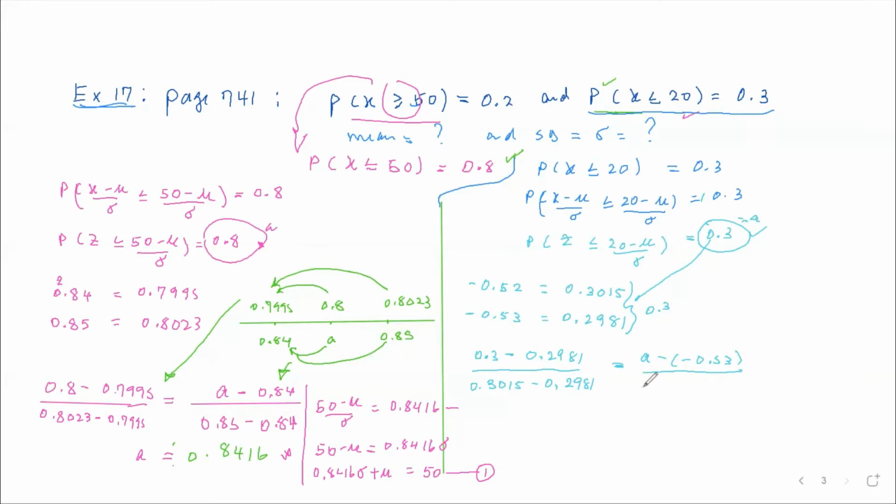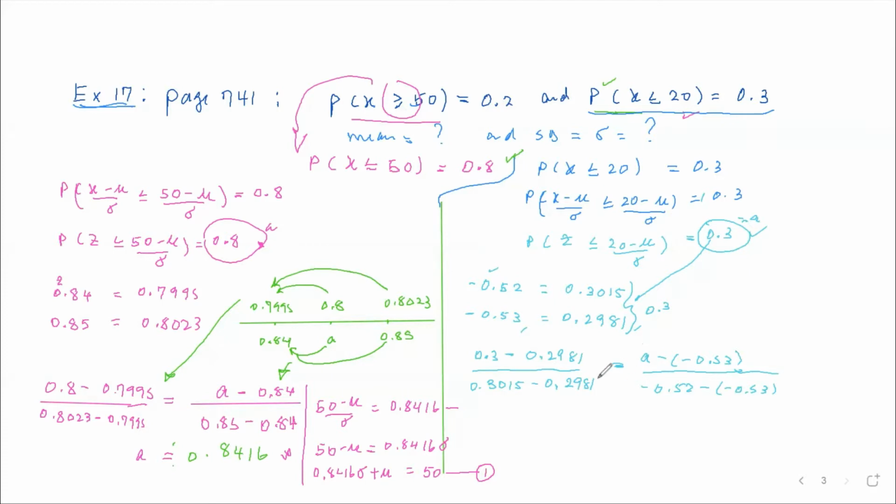It's a negative 0.52 minus negative 0.53. It's a ratio you can observe, right? 0.3 means A minus 0.2981 here is negative 0.53 from here. And this one is a ratio: 0.3015 means here negative 0.52, and minus this one, 0.2981, means the negative 0.53.